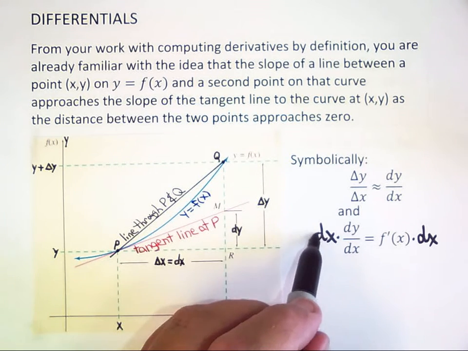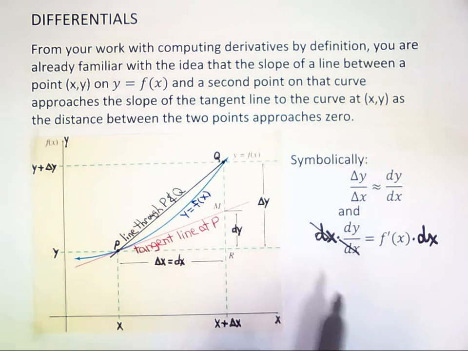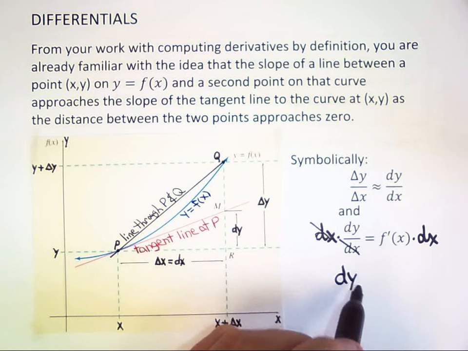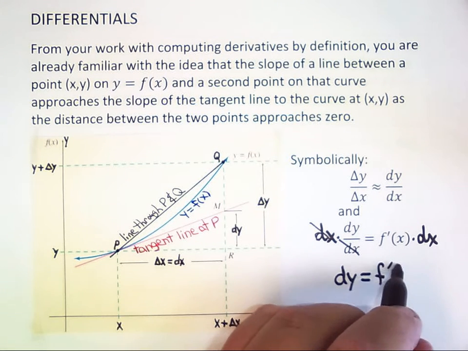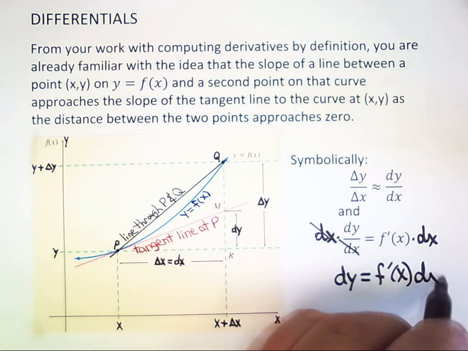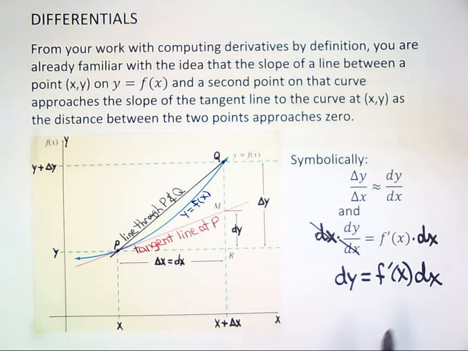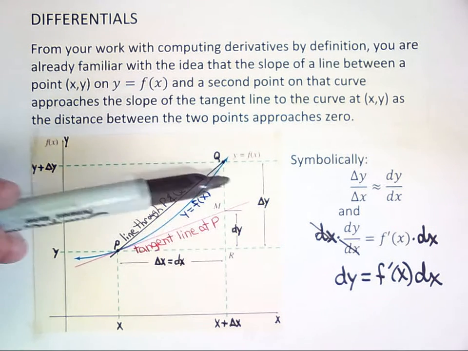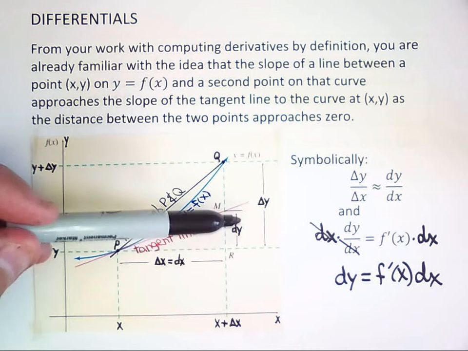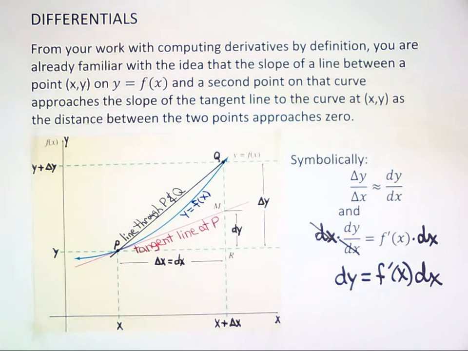They're non-zero. So if I do that, I end up with dy equals f prime of x dx. And in this context, dx is a small change in x, and dy is a small value associated with y, namely the change in the y coordinates for the tangent line.